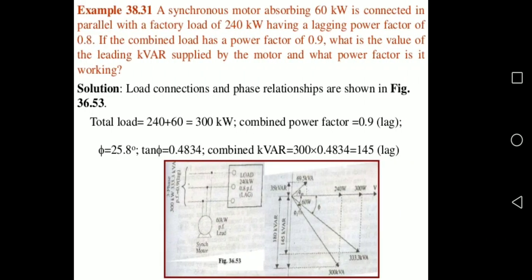So these are the problems. A synchronous motor absorbing 60 kilowatts is connected in parallel with a factory load of 240 kilowatts, having a lagging power factor of 0.8. If the combined load has a power factor of 0.9, what is the value of the leading kVA supplied by the motor, and what power factor is it working at?